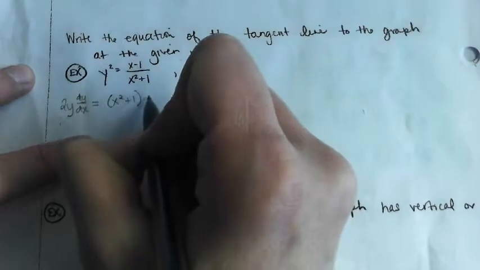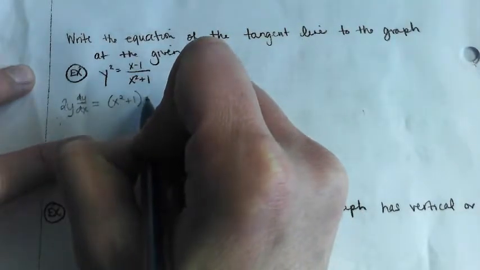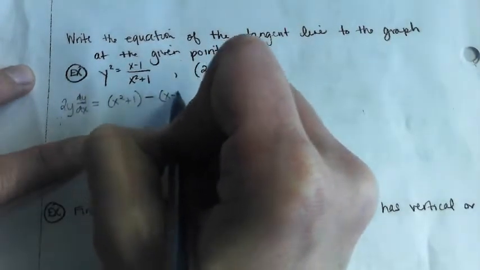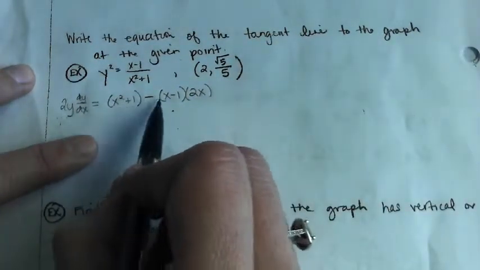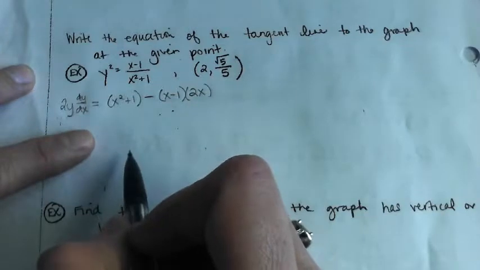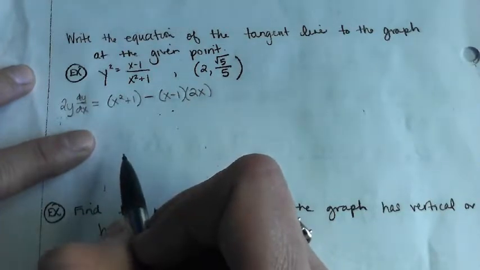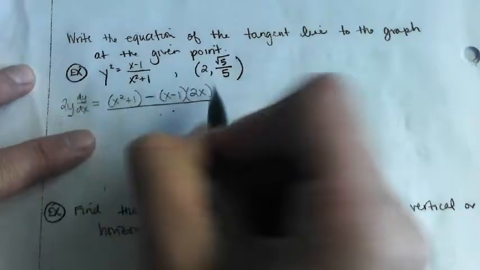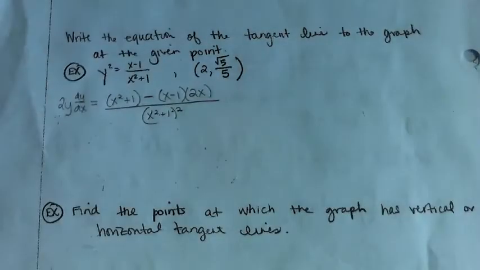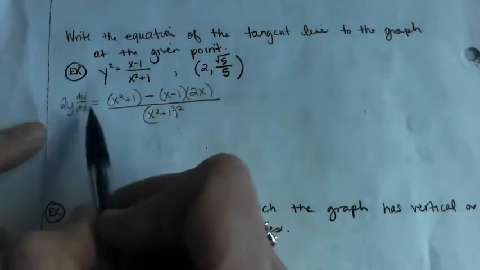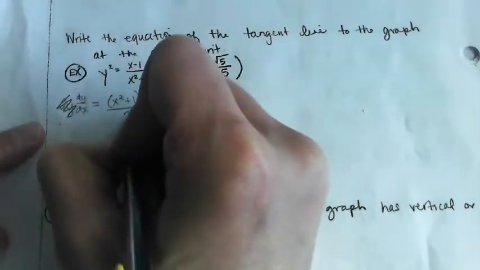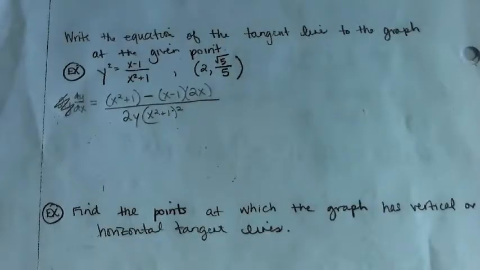It's minus. Okay. You also forgot something else to close out the quotient rule. Good. So if I want to solve for dy/dx, I'm just going to divide this 2y over, which is just going to throw it in the denominator over here, yes?